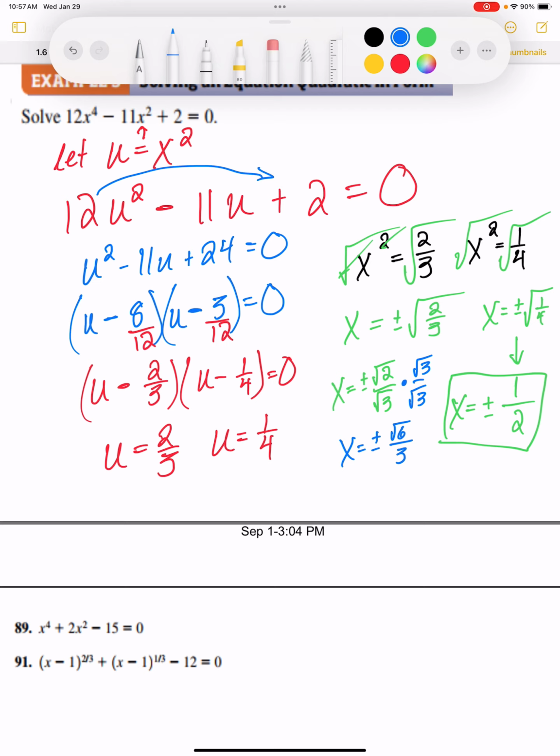But let's think about something. I took the square root of both sides. Now you gotta be paying attention.